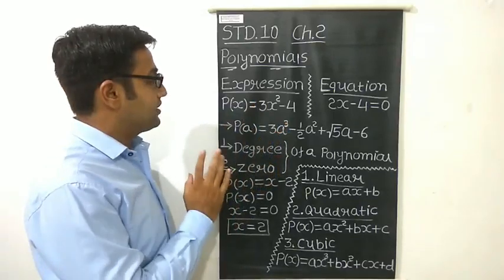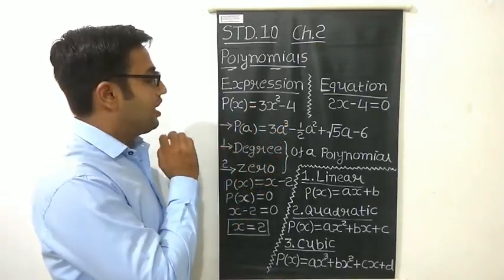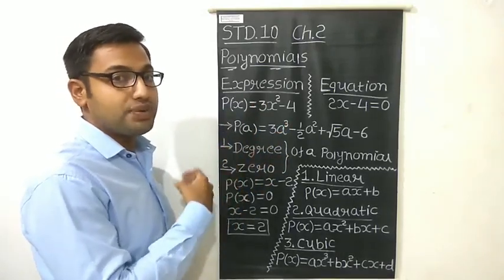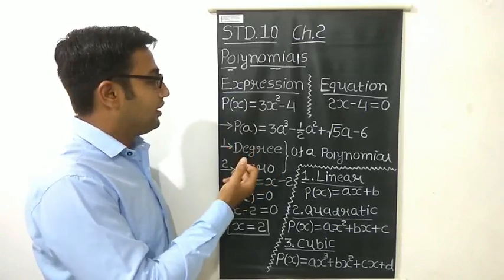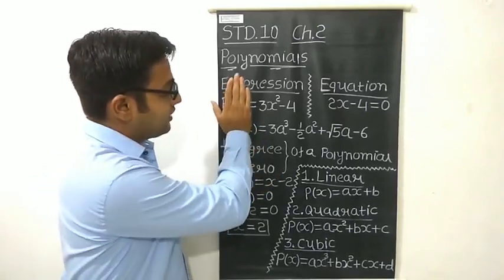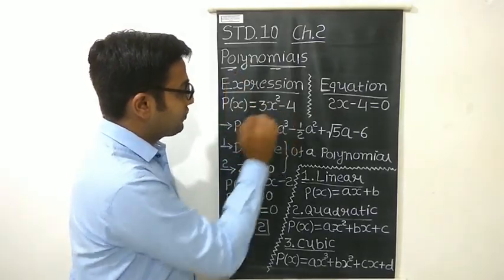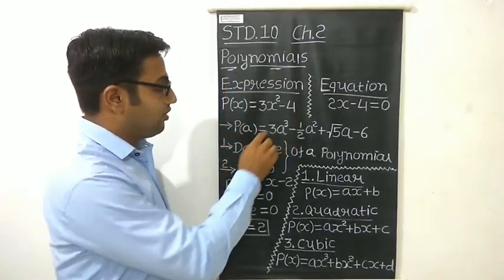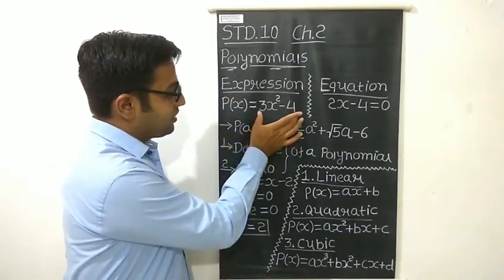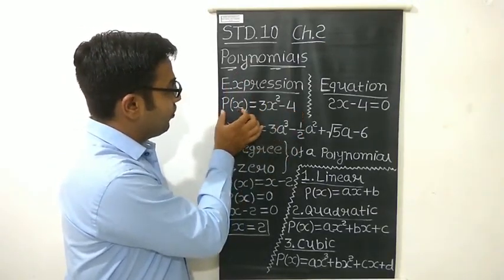Okay, so let's see what an expression is. An expression is to tell something or to express some quantity. Like we want to express one quantity like this, 3x square minus 4. Here the variable is x, and that is why we can represent it as p of x.